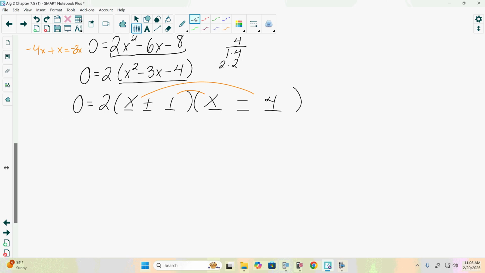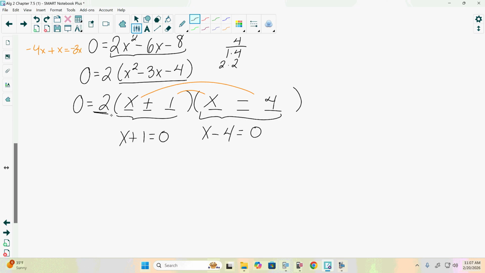So it's factored form. We have 2 or more things multiplied together that equal 0. So one of them must be 0. So what that means is either x plus 1 is 0 or x minus 4 is 0. Since our 2 does not have a variable with it, there is no way for me to make it be 0 by putting in a value of x.